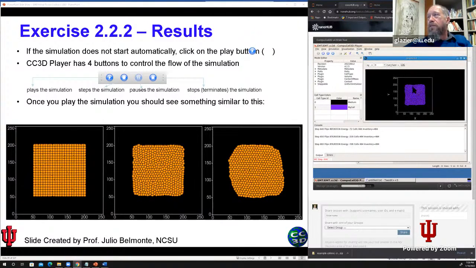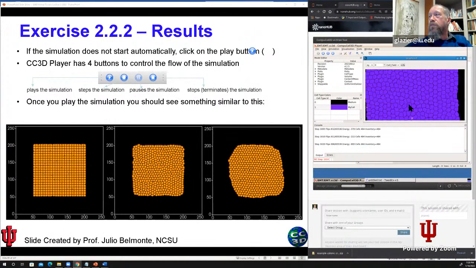You can use that tile function to display better, and you should see the simulation running. And it's a little bit hard to see with this scale, so I'll zoom in a bit, and you see the cells.